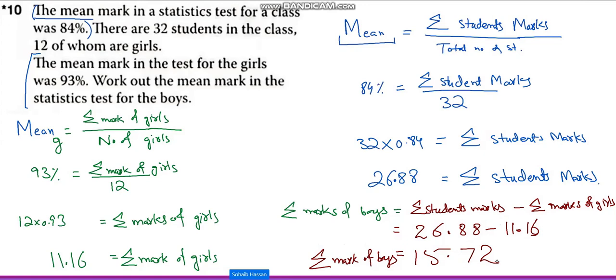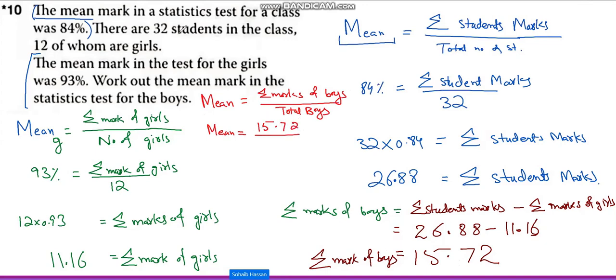Now let's conclude our solution. After finding the marks of boys, we can easily find the mean of the marks of boys. That will be the sum of marks of boys divided by the total number of boys. So we have to find the mean, and the sum of marks of boys is just found, which is 15.72.